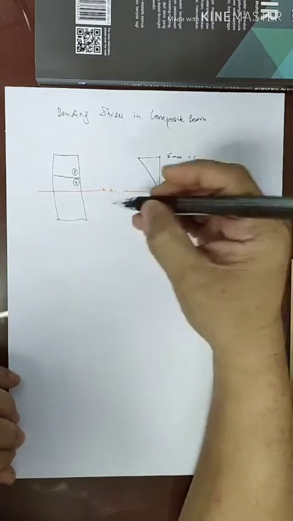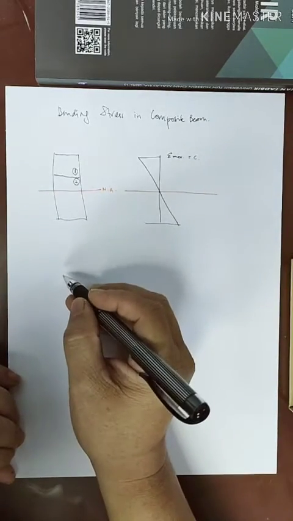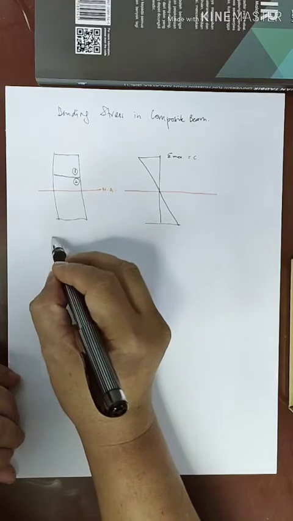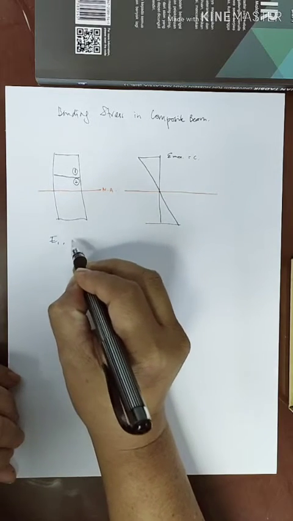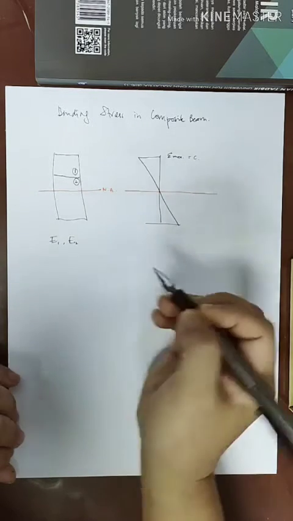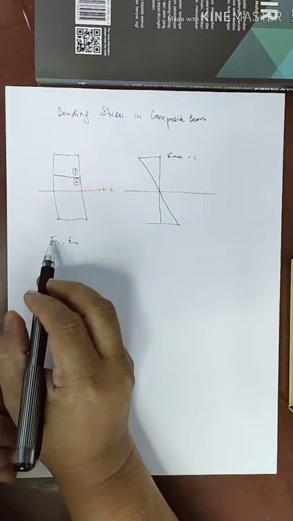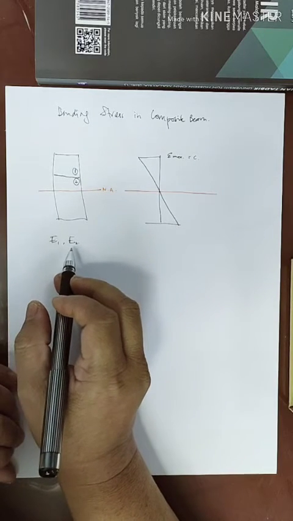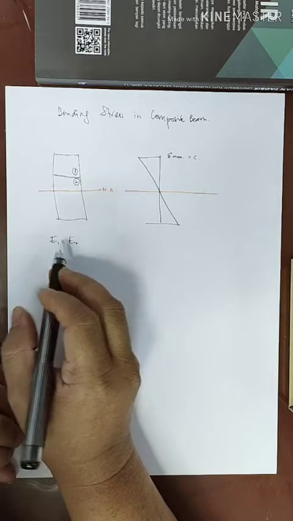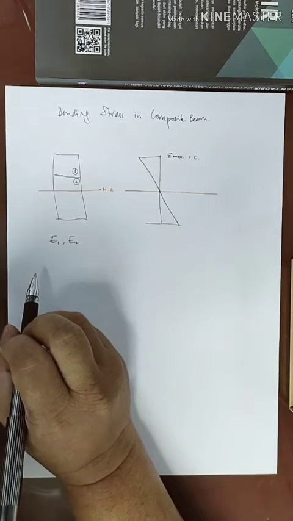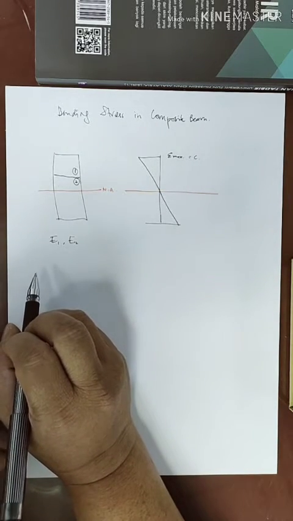So these two materials have two different Young's modulus, representing each: E1 for material 1 and E2 for material 2.